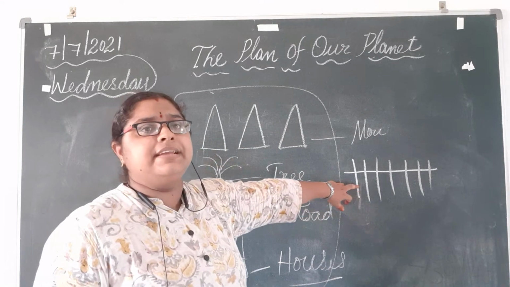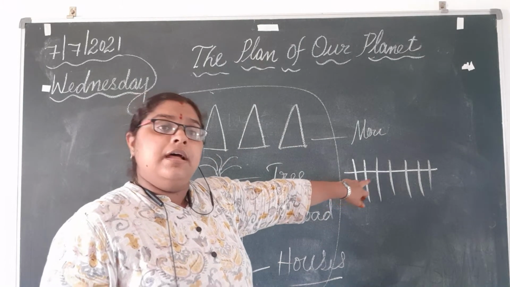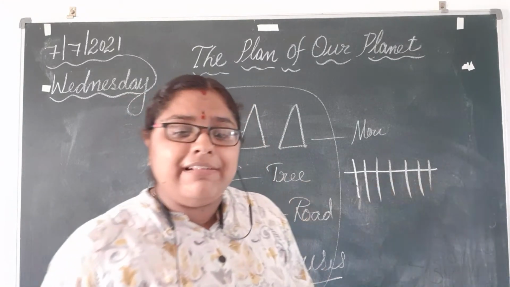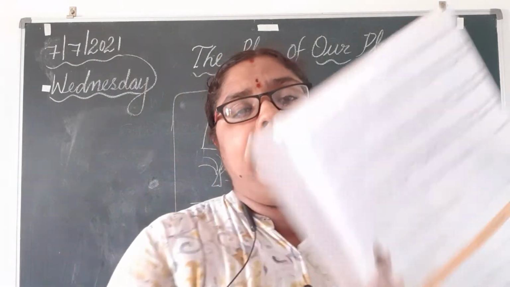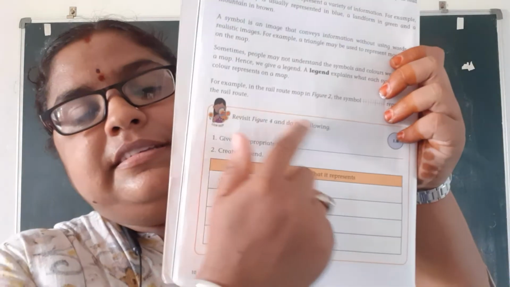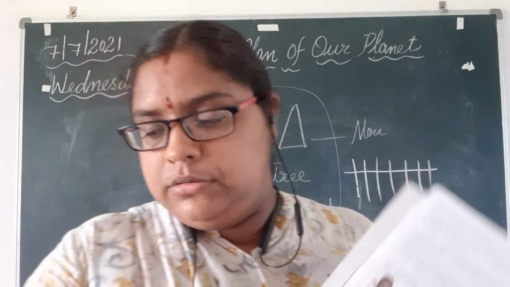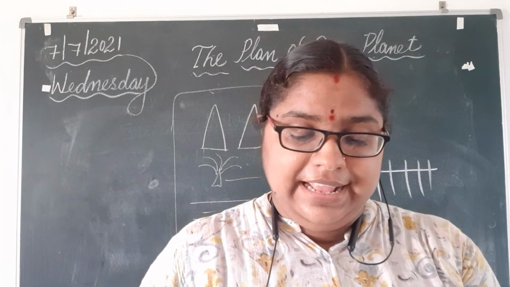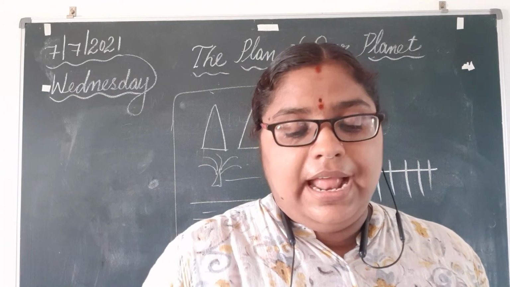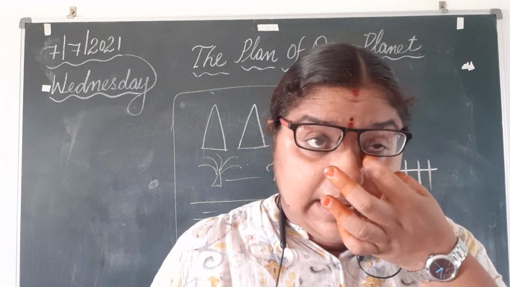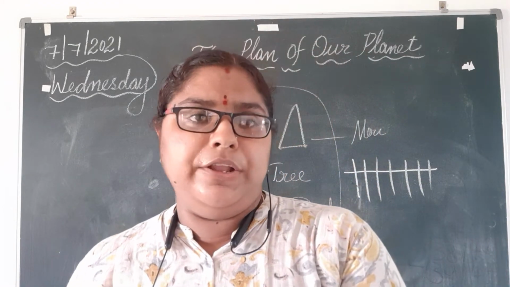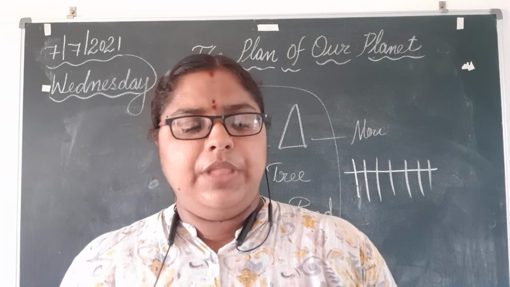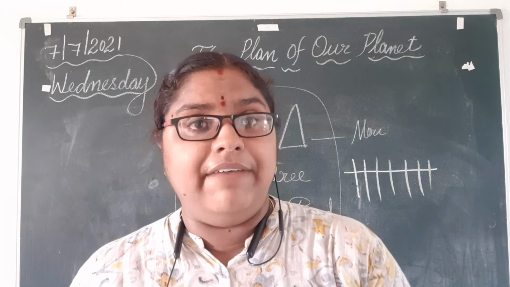The symbol represents railway route, railway tracks. And see picture 1.8 here. They have asked you to give the legend and name the title correctly for the legend. I will explain this in tomorrow's class. Now, see page number 11.